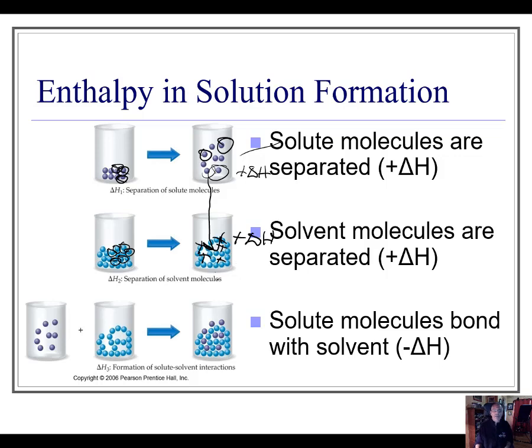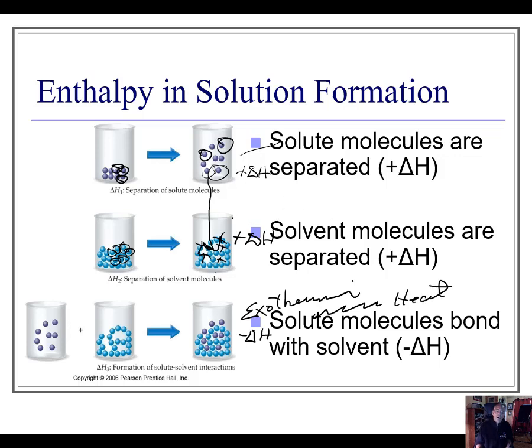Now, here's where the energy payoff comes, because most spontaneous processes, if something happens, most of them are overall exothermic. That means energy gets released, and this is indeed an exothermic process. So this is exothermic, meaning energy is released in the form of heat.